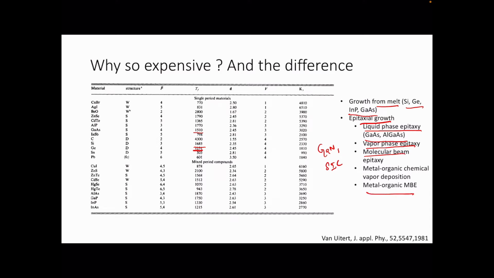MBE is molecular beam epitaxy. Metal organic means the source is a metal organic, let's say for gallium in gallium nitride, trimethyl gallium is the source. Methyl being the carbon, organic material, right? You have a metal and an organic, so it's called metal organic chemicals.